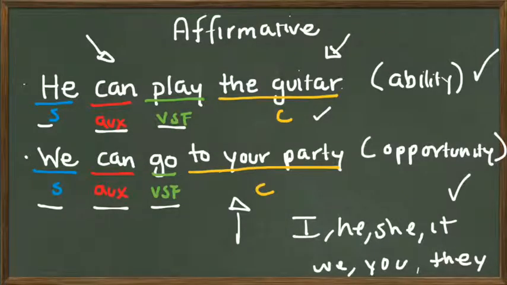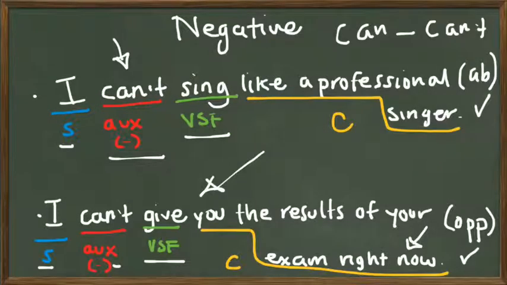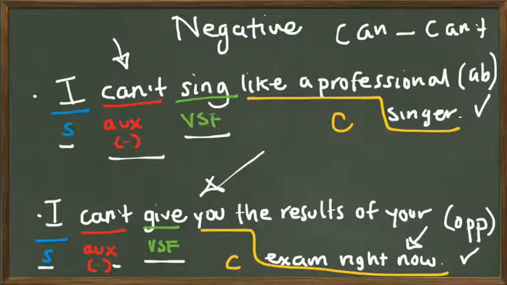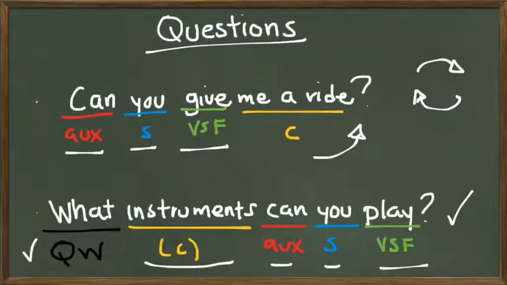Some examples. Don't forget that pronunciation changes a little bit between affirmative and negative. Can for affirmative and can't for negative. Questions, remember that inversion that we normally make when we use questions in English.